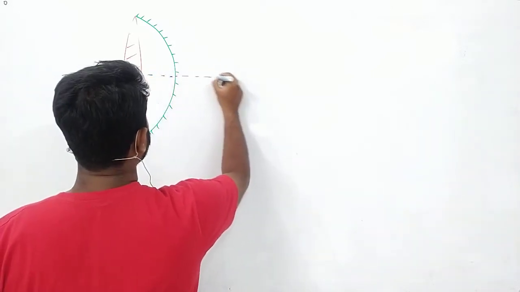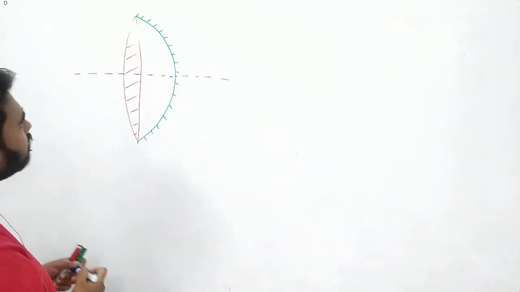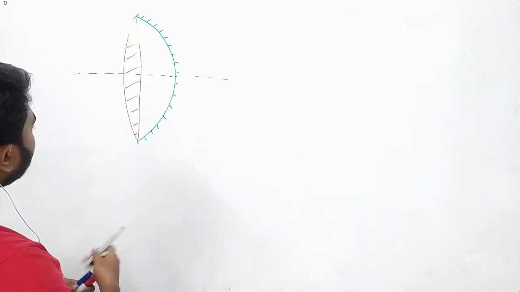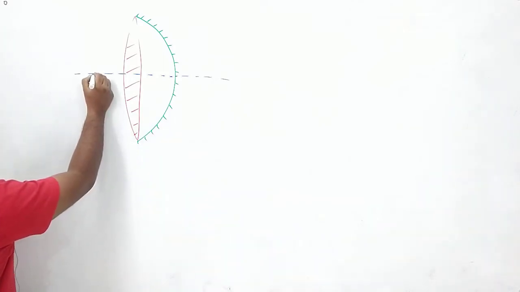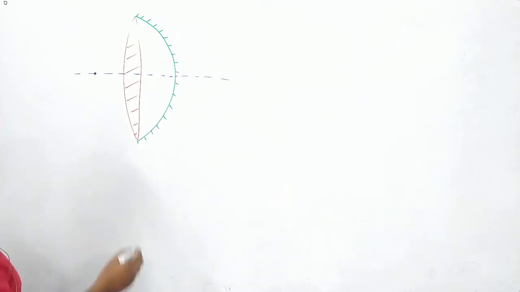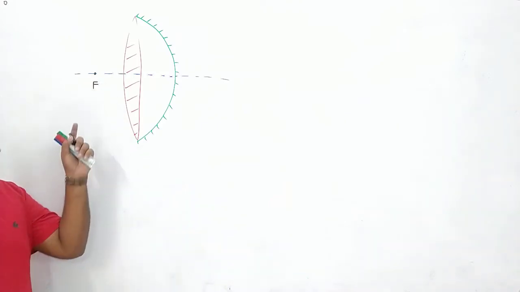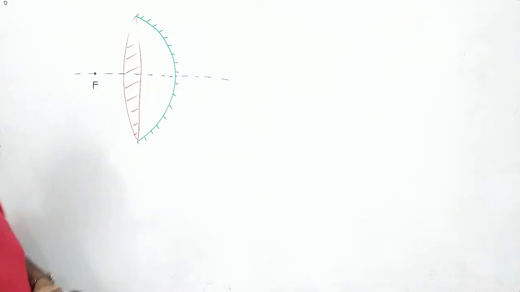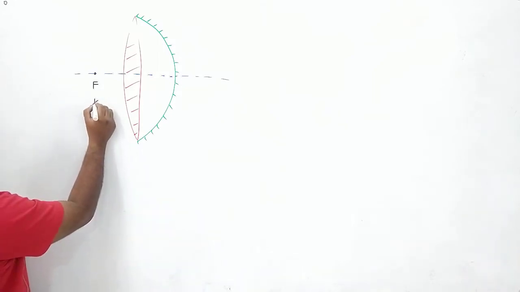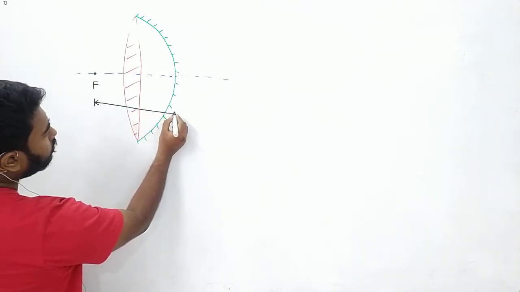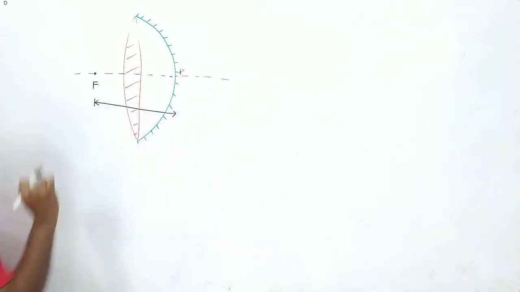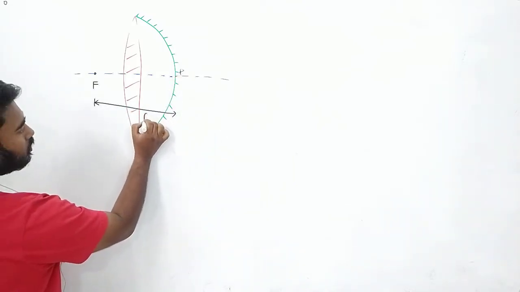See, can we say that this is the focal length? Can we take a point and say that it is the focal length? Okay. What is the distance of it from the pole? This much. This is written in short as small f.